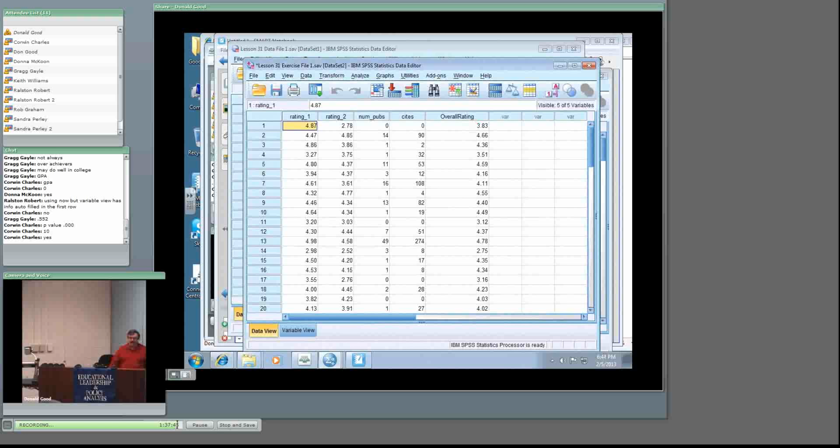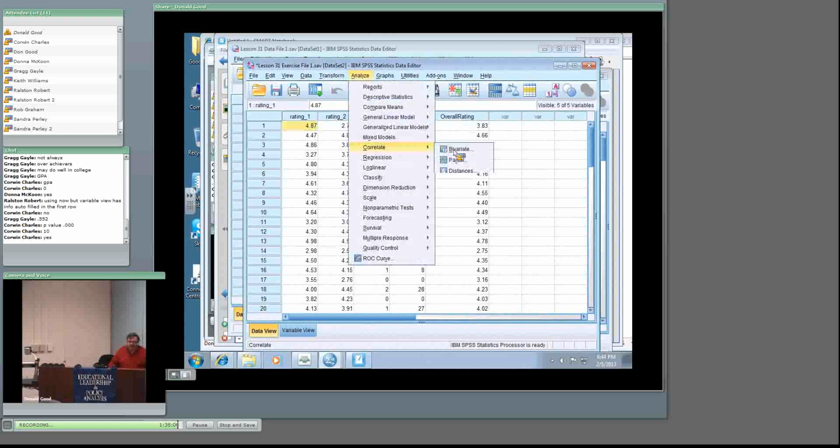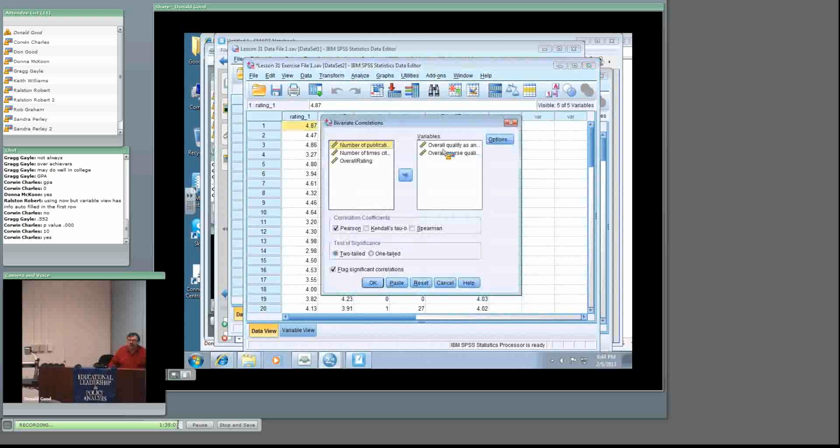Okay. So let's say, for example, I want this overall rating, including both the professor's rating as instructor and the rating of the course. I've got the overall rating. I want to correlate that to, say, the number of publications. Now I have this new variable I created. So I can go to Analyze, Correlate, Bivariate. I'm going quick now. And by the way, when you go back to it, it leaves everything just like you had it before.